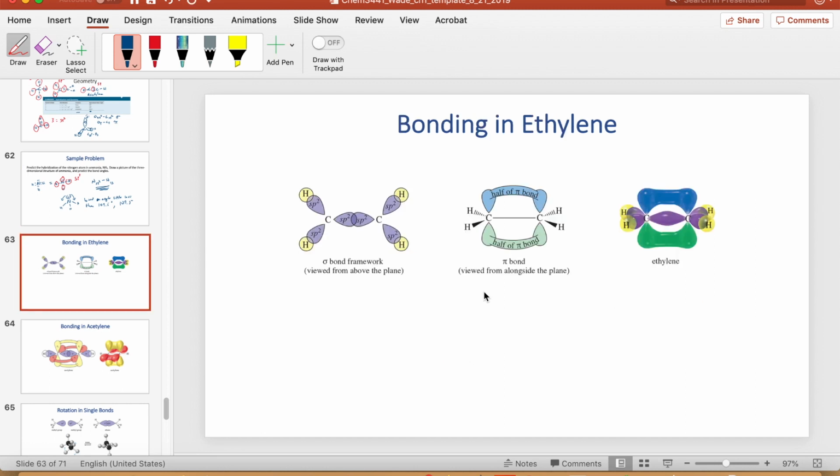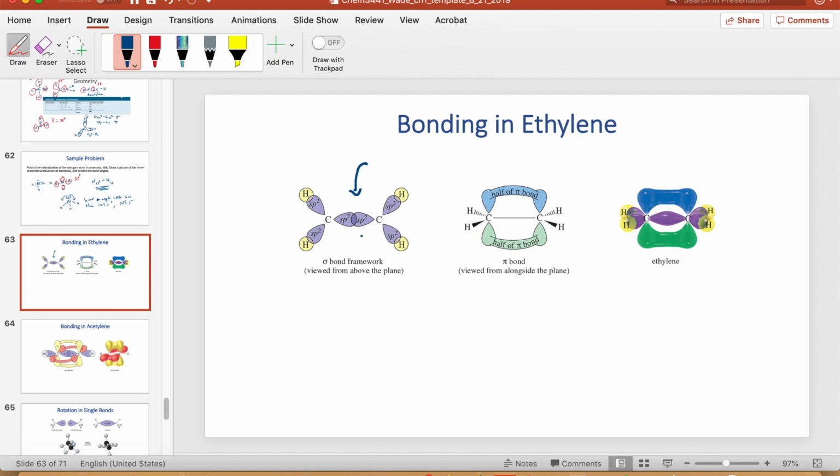Let's look at ethene. Here in this case, we're looking at the double bond that we see. We have two bonds that we have to deal with, and of course our sigma bond, which is this guy. We can see that we have carbon sp2 overlapping with carbon sp2.